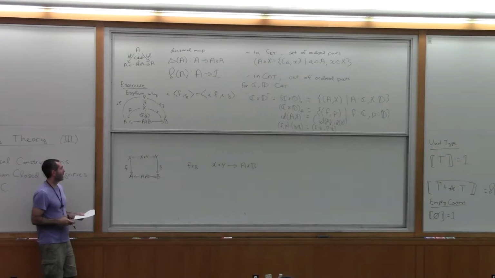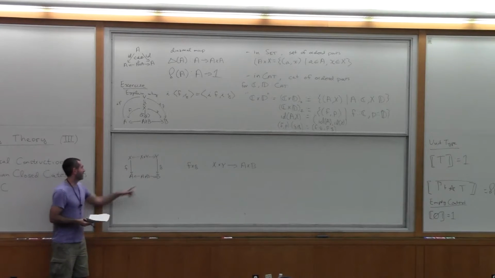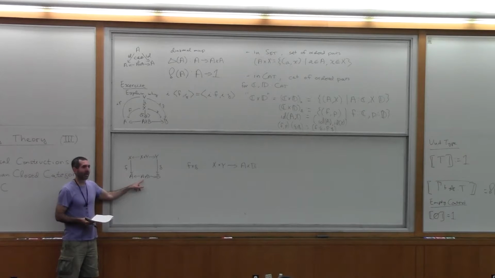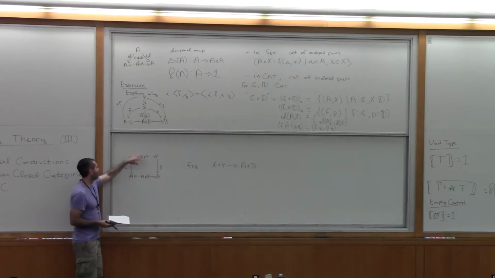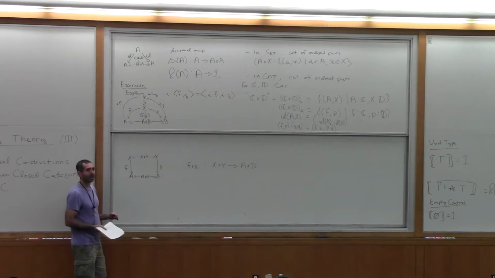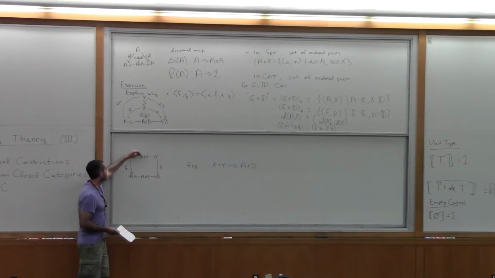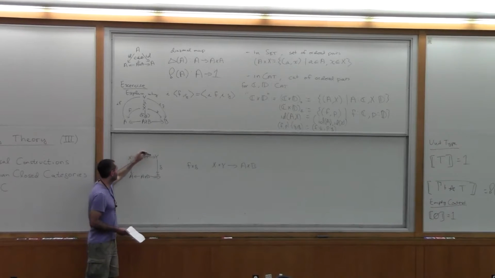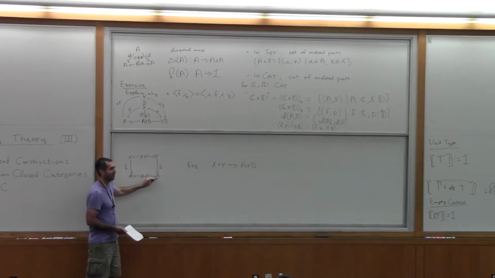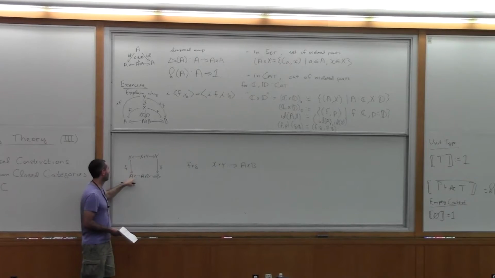Okay, so now what do we do? Well, we see that this is a product, right? And it has this property that for any span over its factors, there's a unique mediating map. Now, do you see a span over its factors somewhere in this diagram? If you just compose this projection with this arrow, you get a map to A. And if you compose this projection with this arrow, you get a map to B. And that makes a span over the factors of this product from this vertex, right?